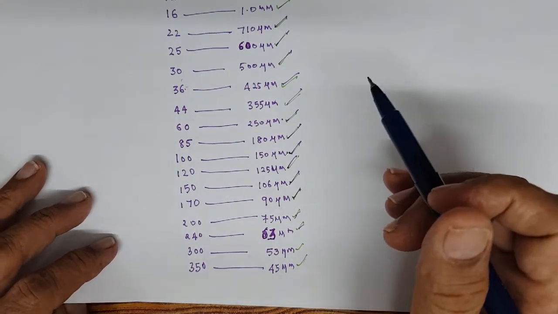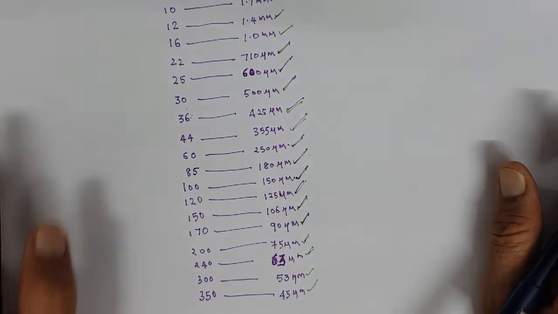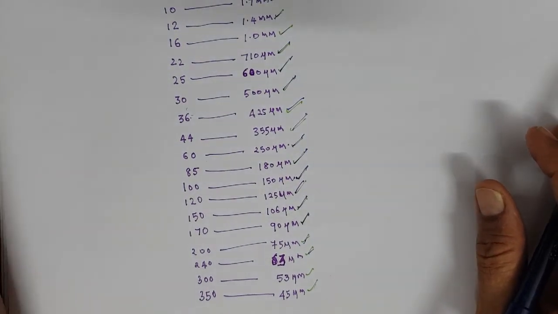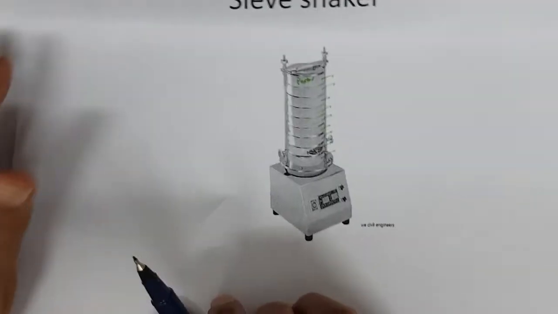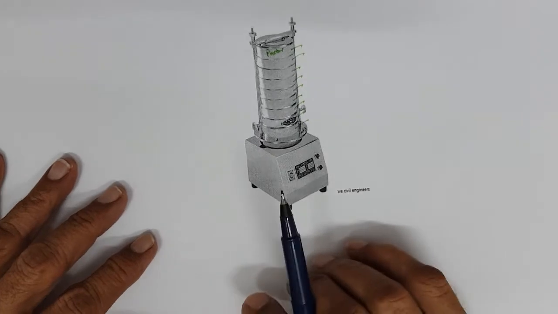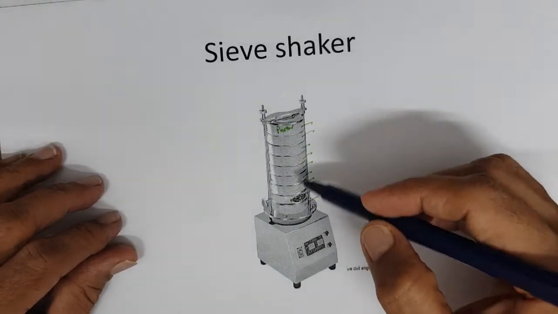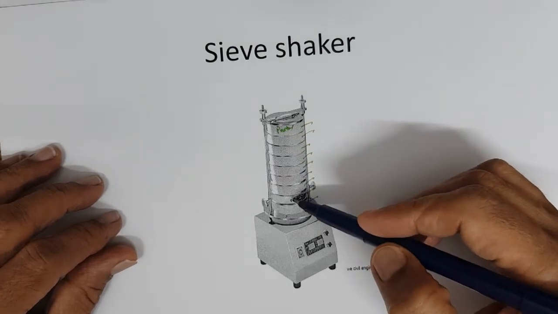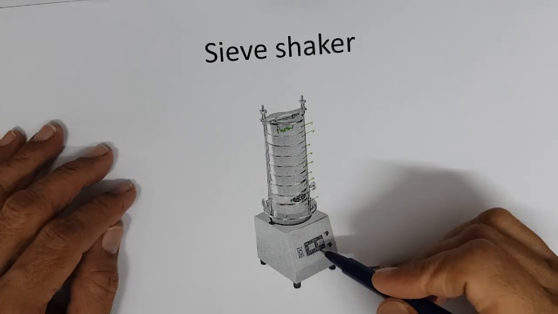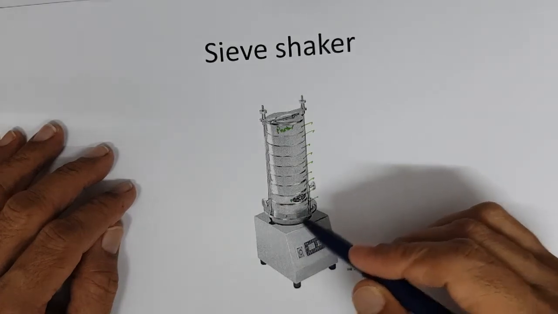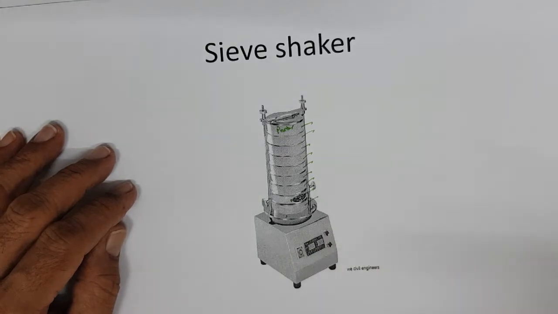This is how powders are analyzed by sieve analysis. See, this is a typical sieve shaker, where these are the sieves. You stack them, and when you switch it on, it oscillates and you can set the timer, usually about 15 minutes.